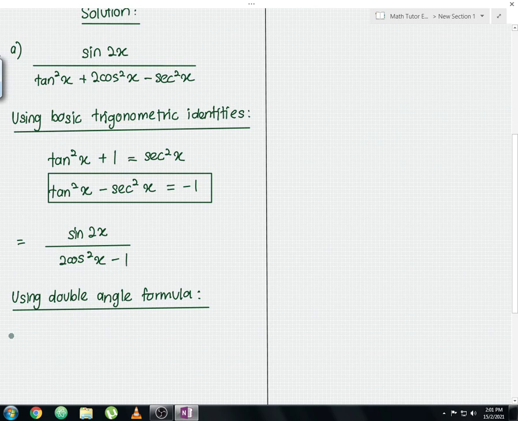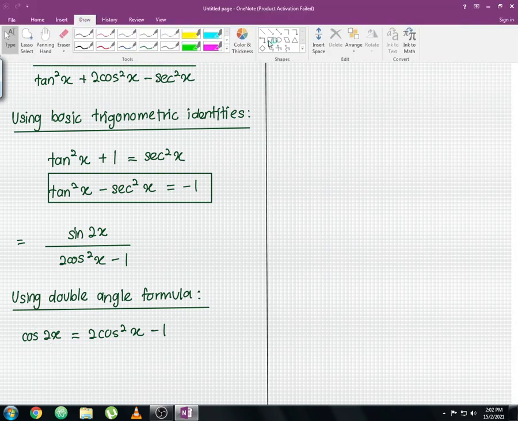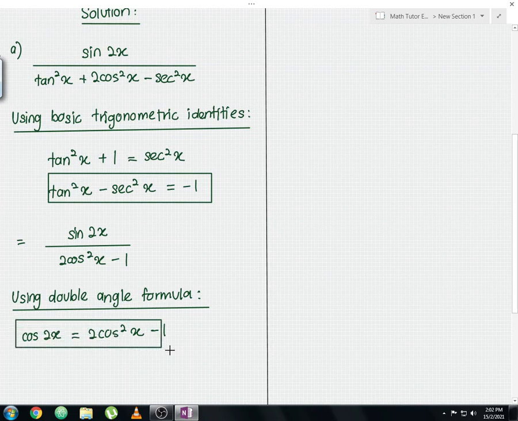How are we going to do that? We're going to use the double angle formula. If you don't know that, allow me to write it down in the working over here. To simplify 2 cos square x minus 1, we use the double angle formula cos 2x is equal to 2 cos square x minus 1. So we let 2 cos square x minus 1 be cos 2x. Let me box this equation. This is considered the second substitution.